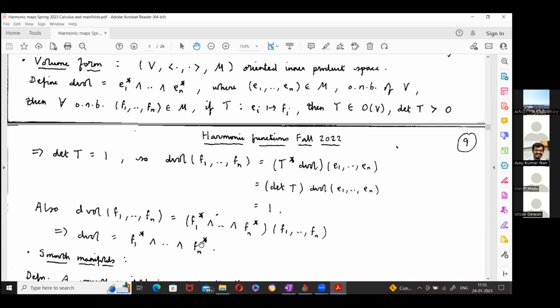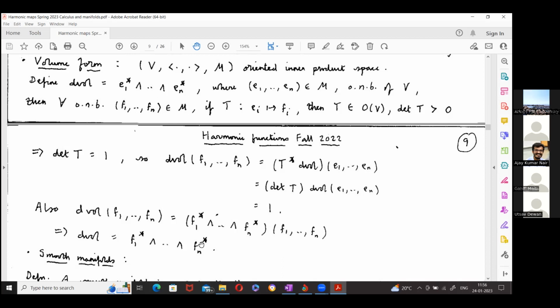So intuitively, what is happening? An alternating n-form gives you a way of measuring n-dimensional volumes of parallelepipeds in your vector space, together with a sign. The sign is given by whether the vectors forming the parallelepiped form a positively oriented basis or a negatively oriented basis.